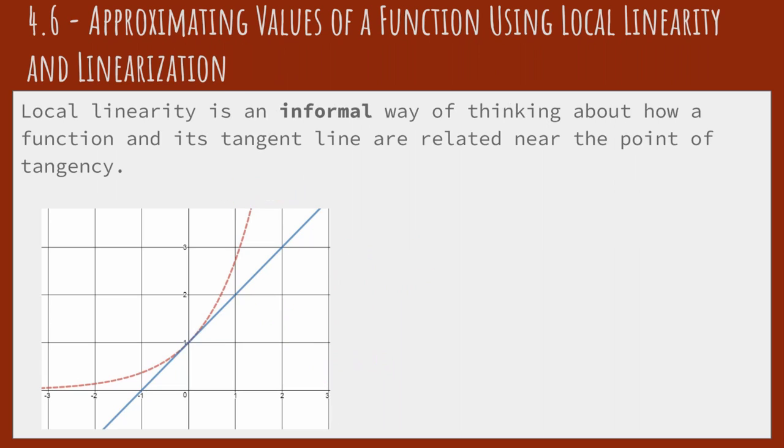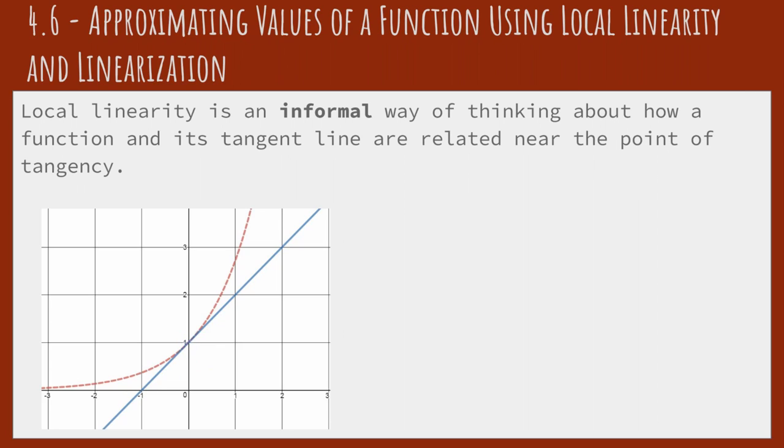So if we look at what happens, though, as we get really close to here, we get a property for this curve that's called local linearity. And I want to be clear, this is an informal way of thinking about what a curve looks like. But the idea is in this neighborhood around a point of tangency, so close to that point of tangency, the curve is going to look a lot like a straight line.